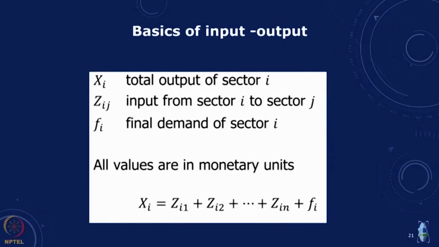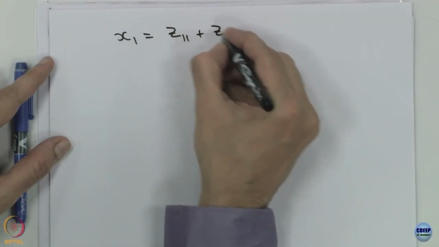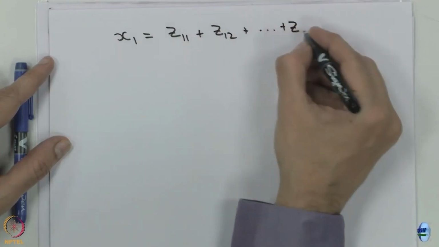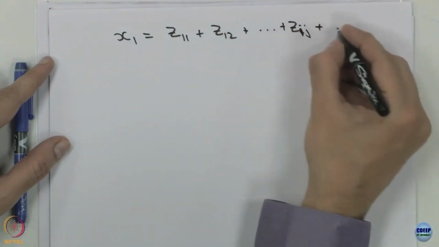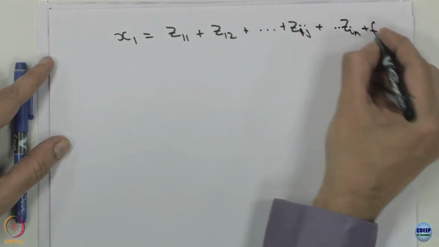So let's derive this, move forward with this. We are looking at x1 as z11, z12, plus z1j, z1n plus f1.